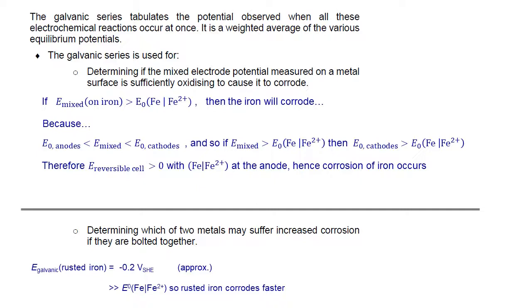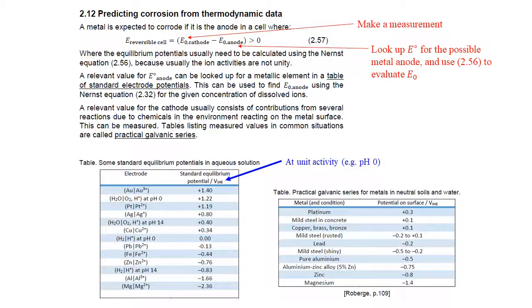Fast or strong electrochemical reactions have a large weight in deciding this average, and slow processes or processes involving species at low concentration have a low weight. So if we look at zinc in table 2.2, it has a galvanic potential close to the standard equilibrium potential for zinc.